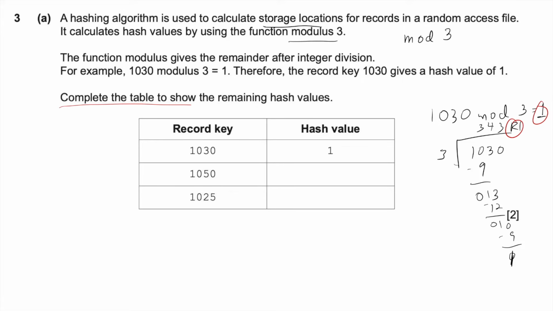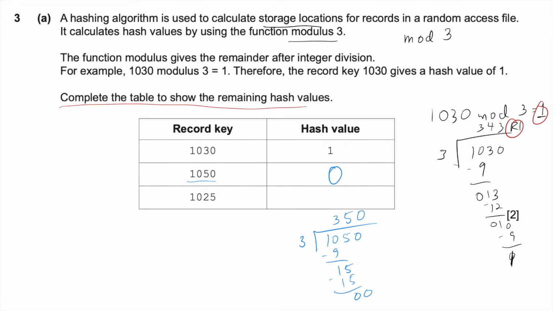So complete the table to show the remaining hash values. In order to calculate the hash value of 1050, we would just do similar long division. 1050 divided by 3, so 3, 9, 1, 15, and then 5, 15, minus, and then we'd have 0 again. So actually our hash value is going to be 0 right here.